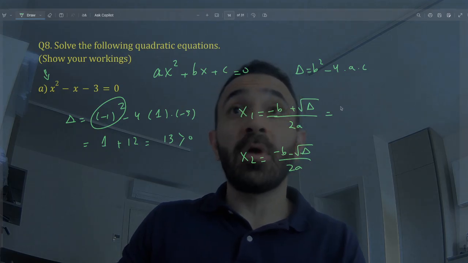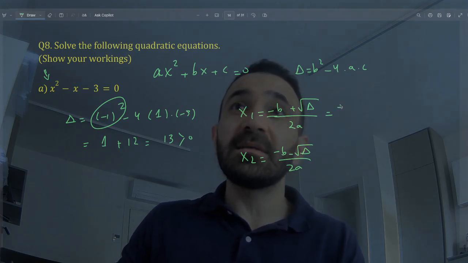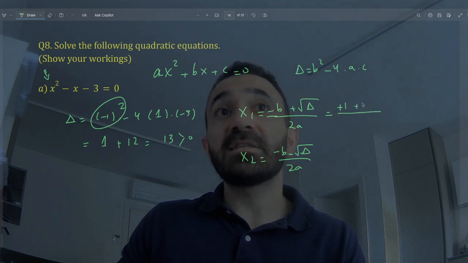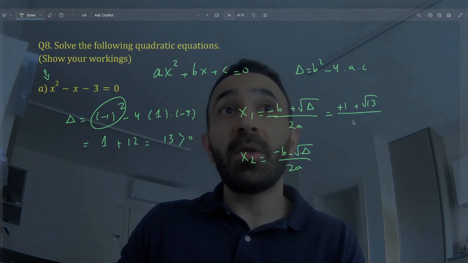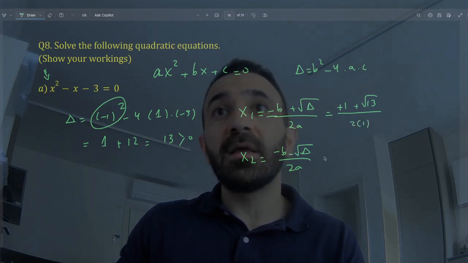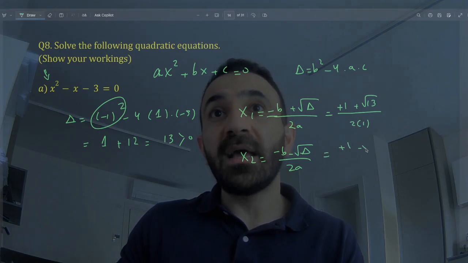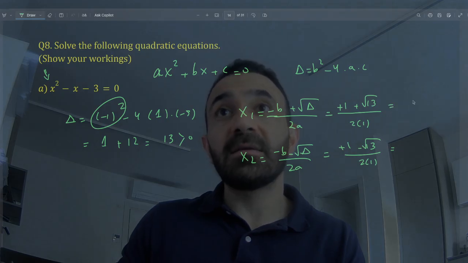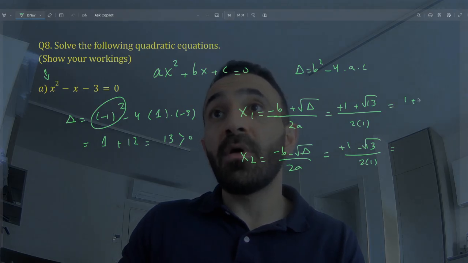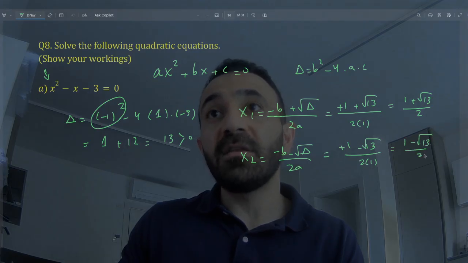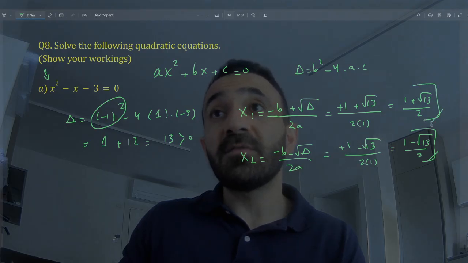It's minus 1. So minus b is plus 1, plus square root of 13 divided by 2a, 2 times 1. And the same thing with a minus. You cannot simplify this anymore. So 1 plus square root of 13 divided by 2, and 1 minus the square root of 13 divided by 2. These are the solutions of this equation.